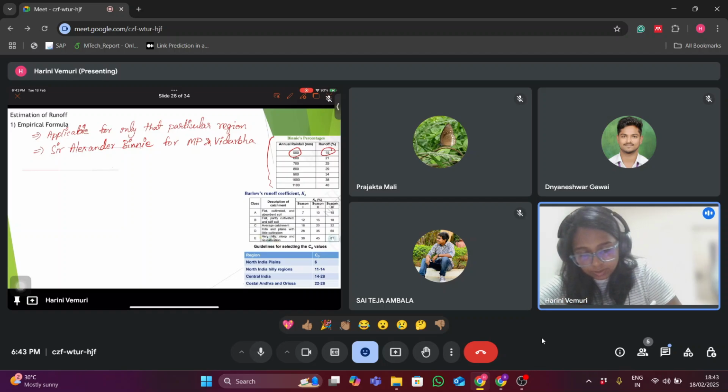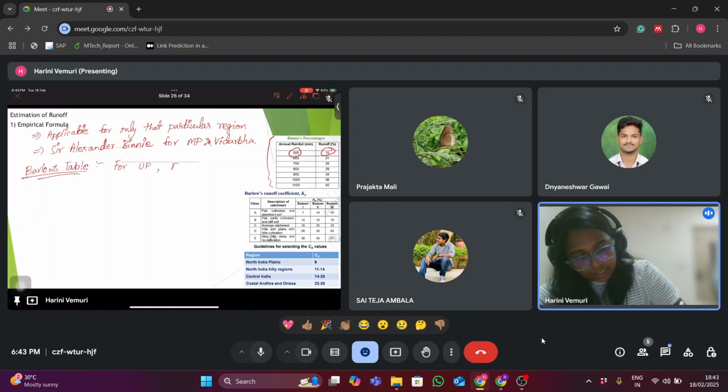Okay. So the next empirical method is Barlow's table. He has developed this relationship for UP. He's saying that runoff is equal to Kb into precipitation.